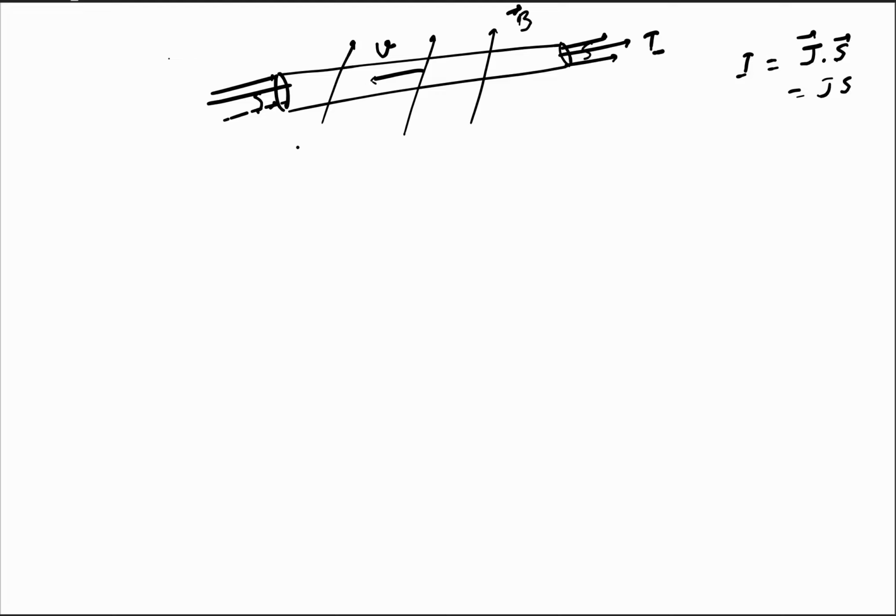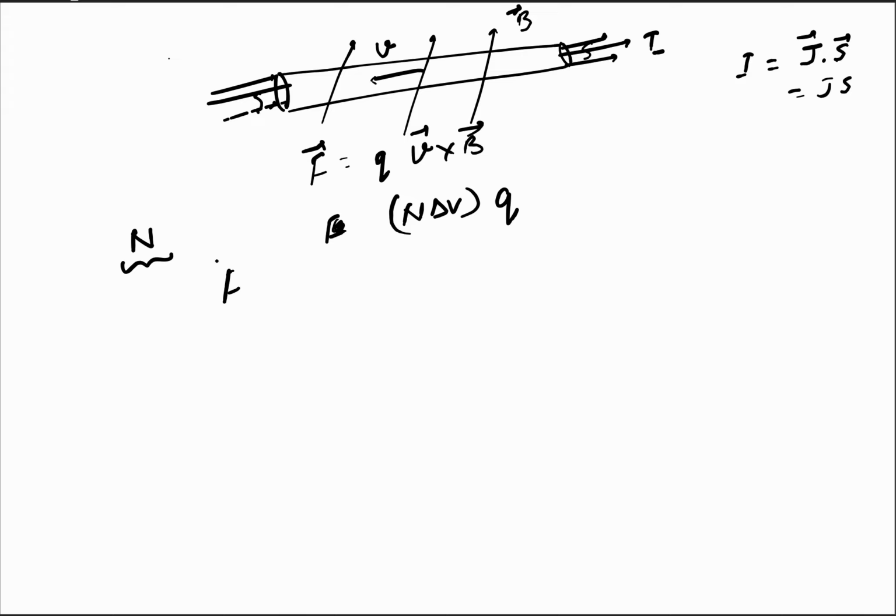So each electron will be experiencing a force given by Q V cross B. Now, if there are n electrons per unit volume, so a small volume will be having n delta V electrons in that volume. So the total charge will be n delta V into Q.